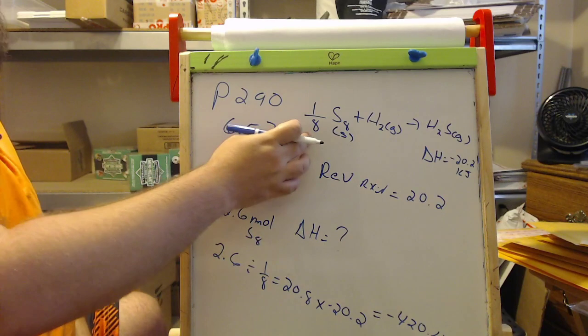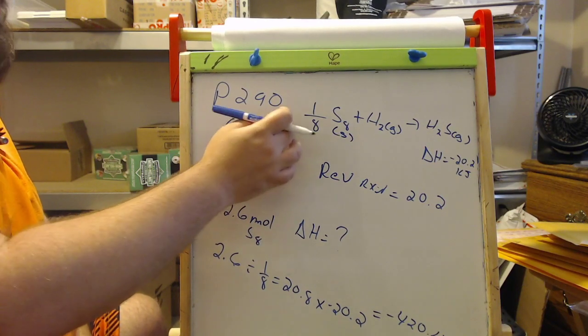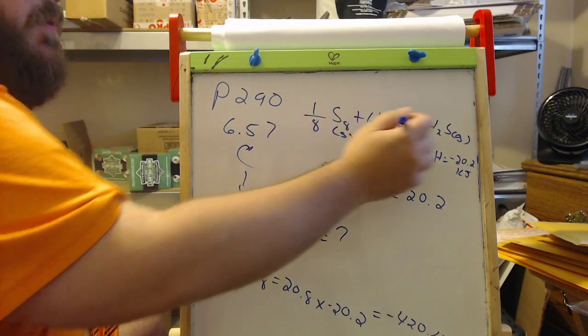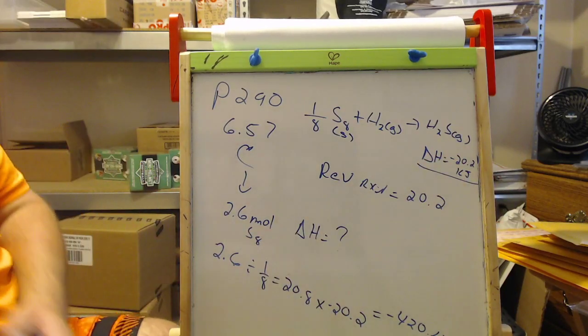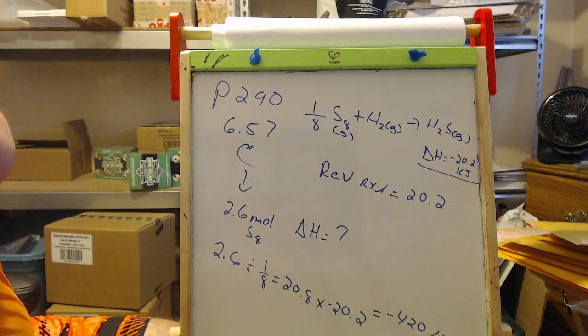So if they wanted to know 2/8 or 3/8 or whatever it is, you would multiply by 2. Whatever you multiply the reaction by, you have to multiply your delta H by.